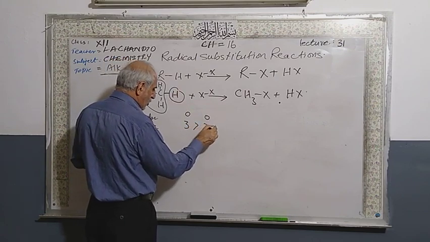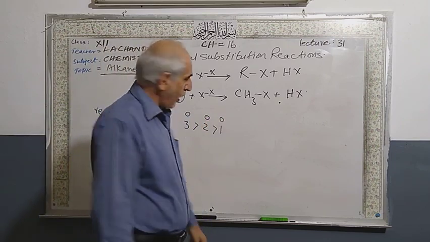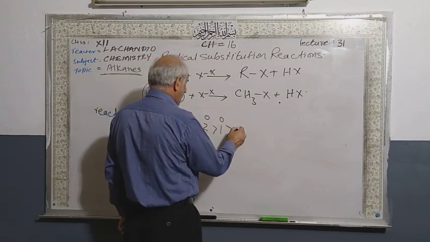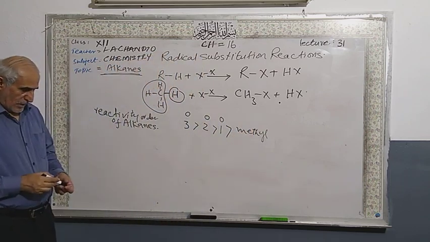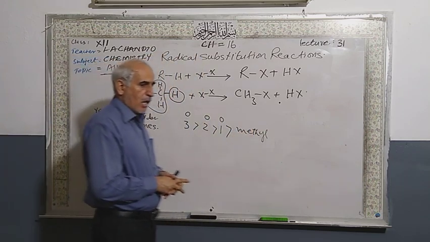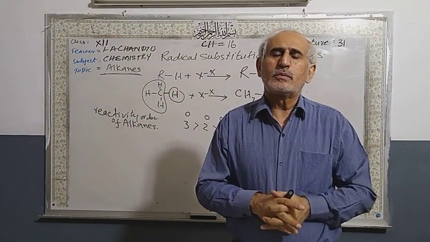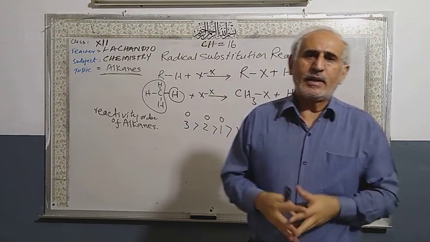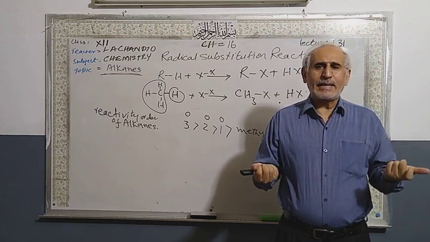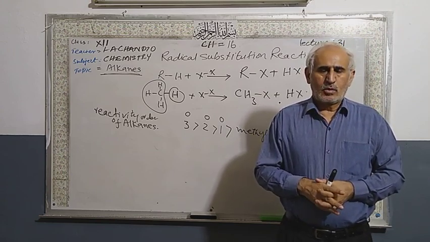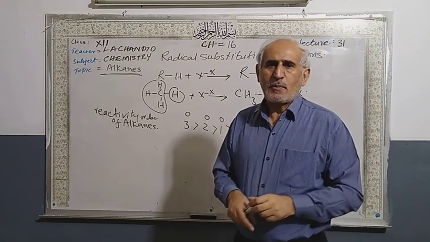Second degree alkane is more reactive than first degree. And first degree is more reactive than methyl. When more substituent groups are attached to the longest chain, this is called a more alkylated alkane. More alkylated means more alkyl groups are attached.